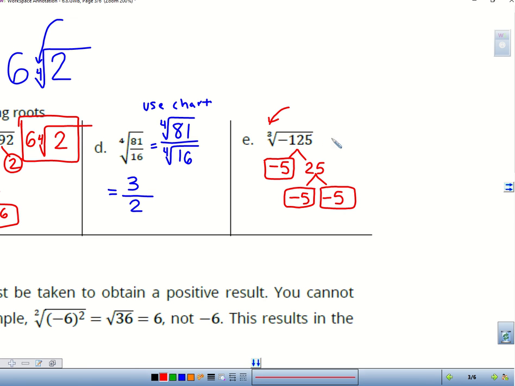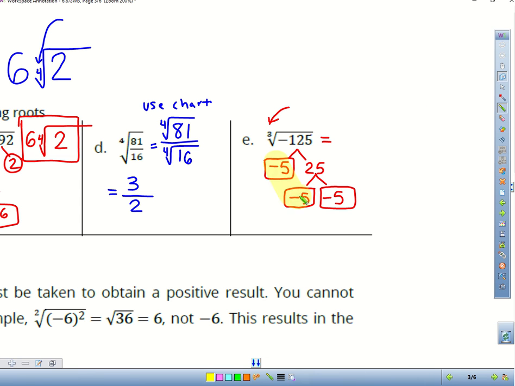Because you want all 3 to be the same, so you don't have to do some weird radical thing. Exactly. Once you can get a group of 3, since it's a 3rd root, these get to leave the radical as 1, right? Because they're a group of 3. So the answer here is actually -5. That's actually a perfect cube root. So that's the reasoning behind why that works.